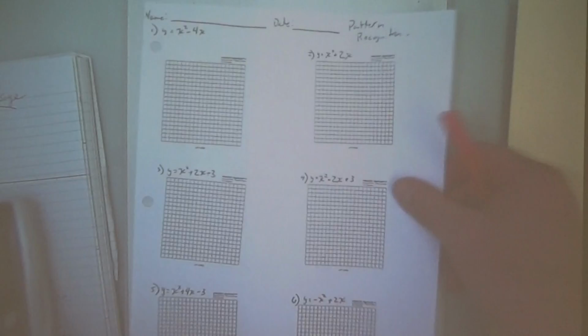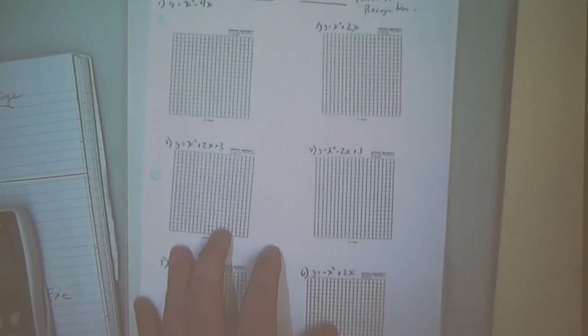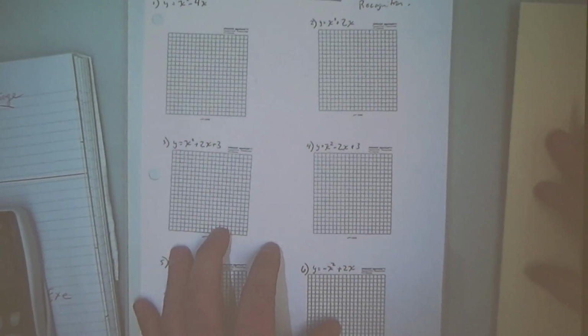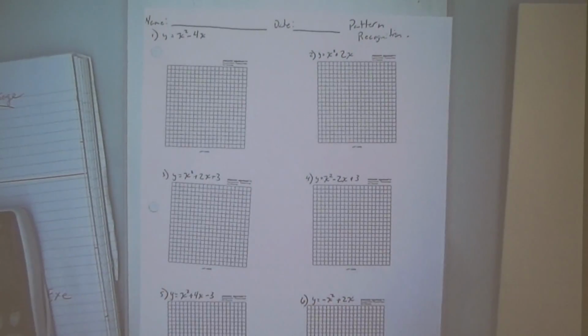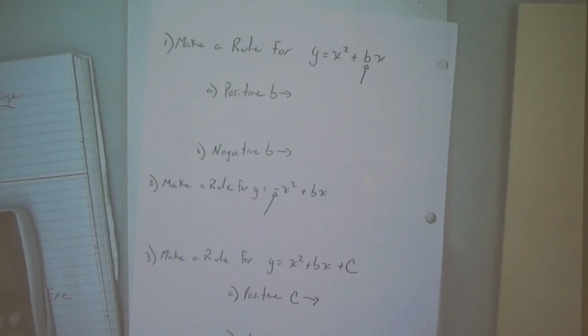So, Mr. Brown is now passing out pattern recognition. There are 6 problems that I want you to graph, and then some follow-up stuff on the back.